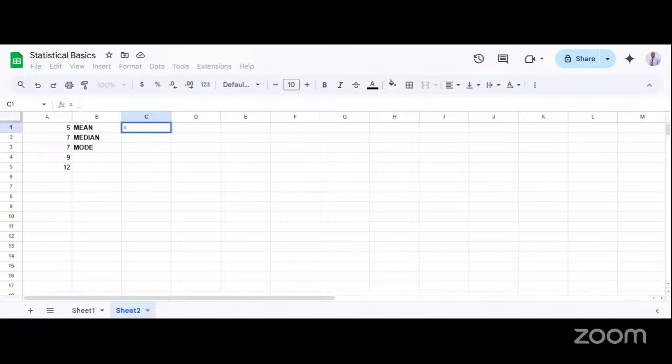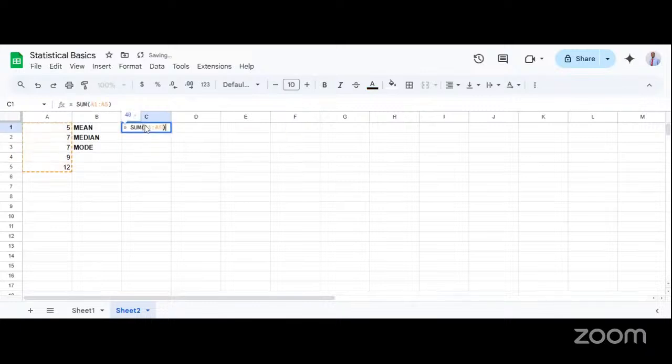So we have five data points. Then the sum of all the data points. So let's just sum A1 to A5, if I'm not mistaken.